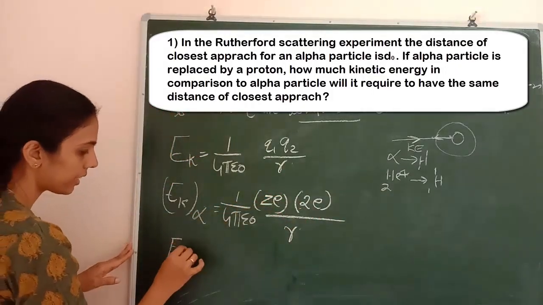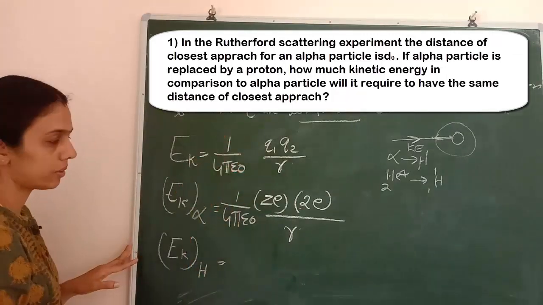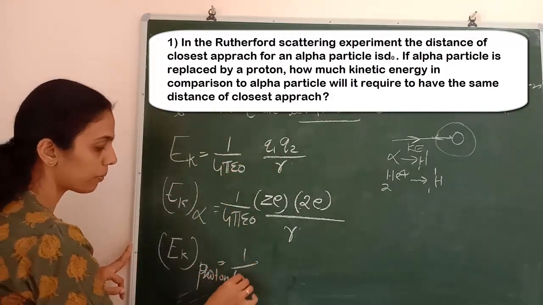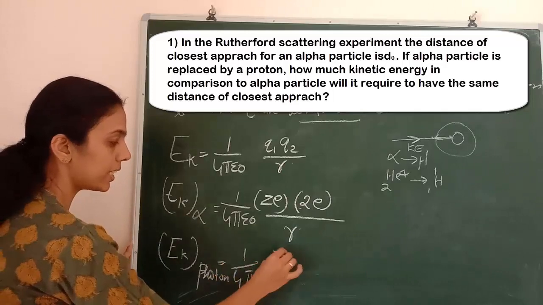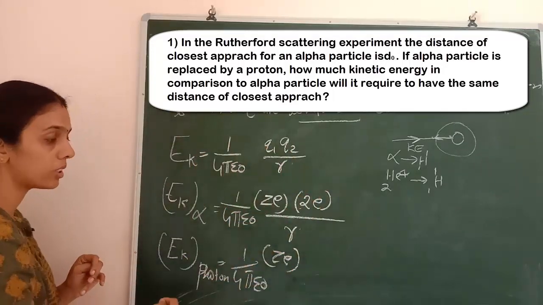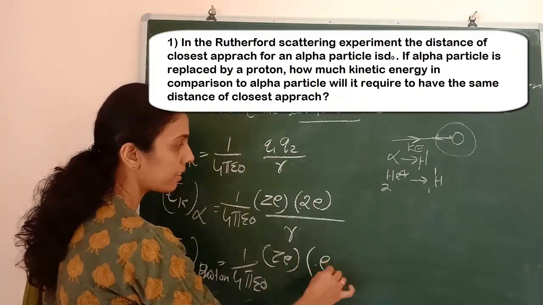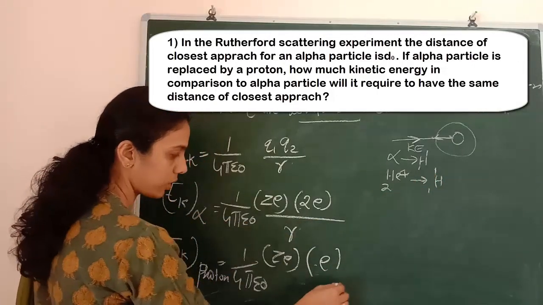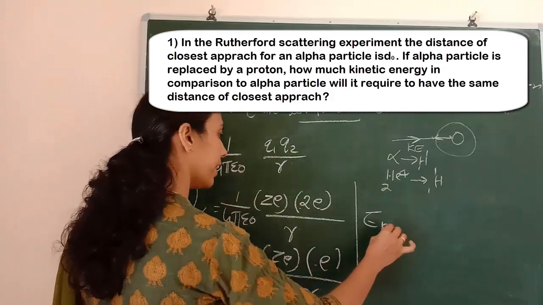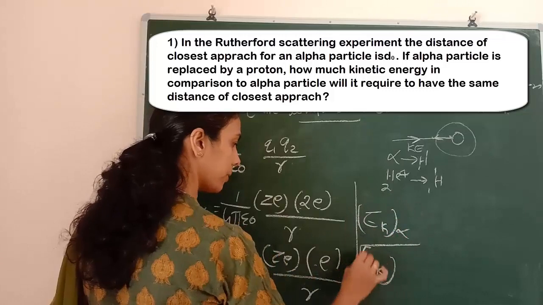Here, the kinetic energy of the proton equals 1 by 4 pi epsilon 0 into Ze, the charge of the nucleus on which it is incident, into 1e for the 1H1, divided by R. Now we compare Ek of alpha divided by Ek of proton.